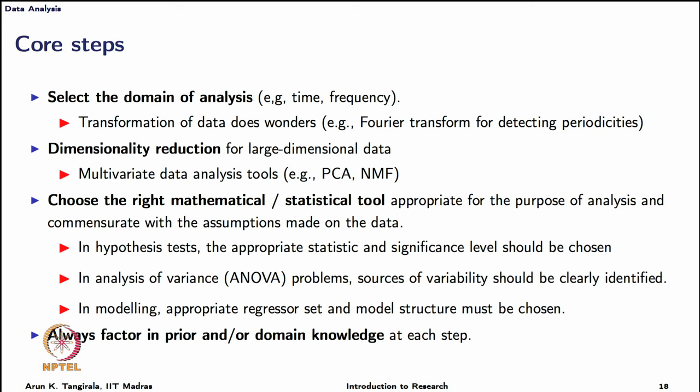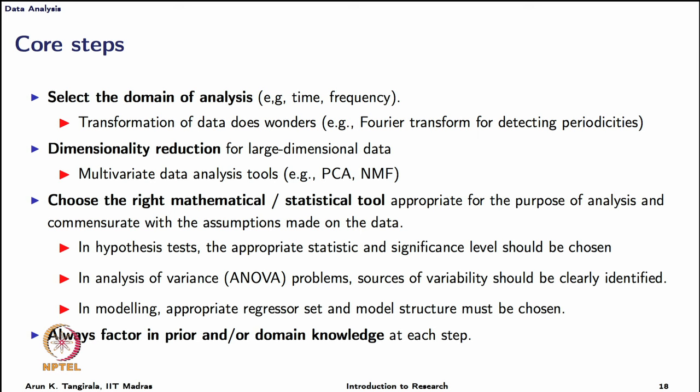Principal component analysis, non-negative matrix factorization and many other dimensionality reduction techniques are very powerful in analyzing large dimensional data. And so, we may have to take a decision whether to analyze in the dimensions in which I have obtained, or in a reduced order or a lower order dimension.